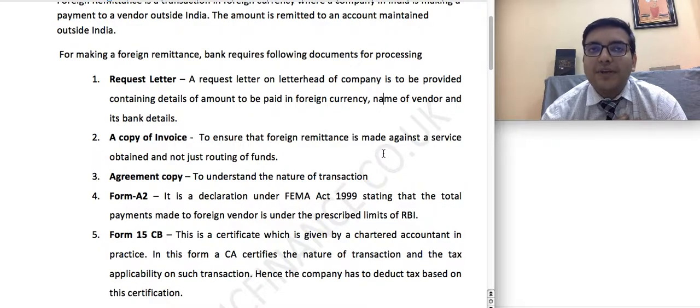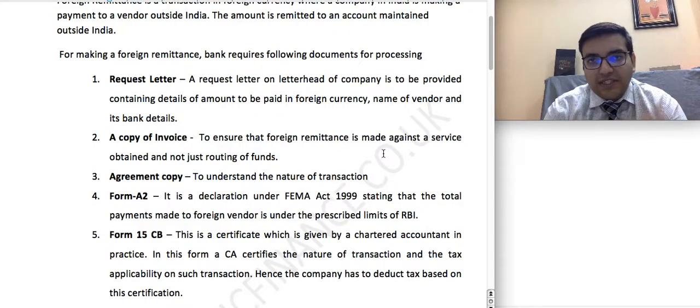Suppose my company is Bonvoy Hotels and we are making payment for digital advertising or online advertising through XYZ company, which I have taken, and they do not have any office in India. So we have to make them a foreign payment. Suppose they are based in the US, so we have to pay them in dollars.